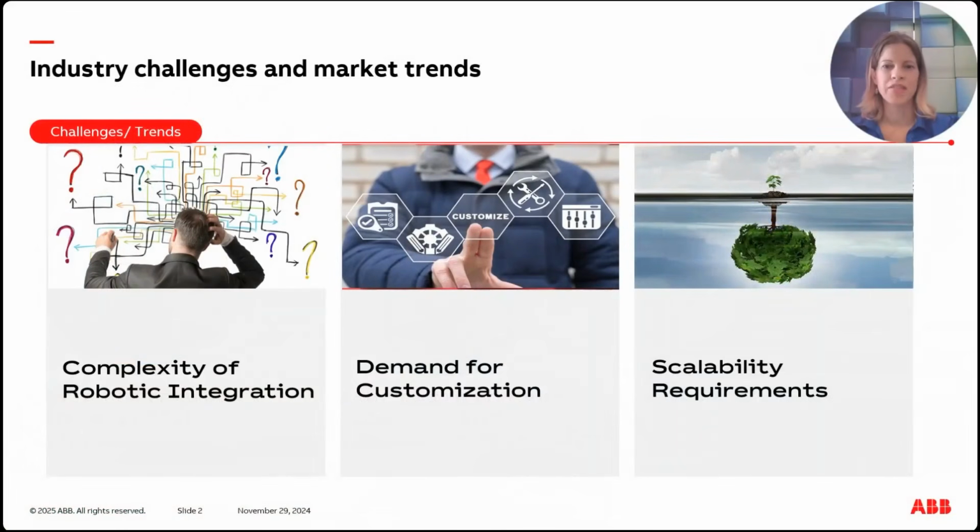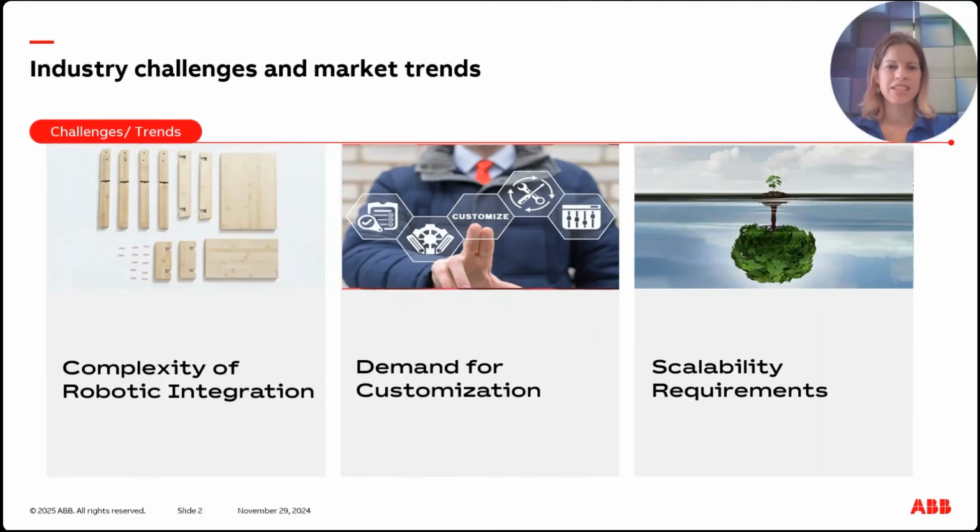Before Raul will dive into the details, I will give you a brief overview. Those are the top 3 important trends in our industry. Complexity of robotic integration. Imagine trying to assemble a piece of flat pack furniture without the instructions or an example, just a pile of parts and a vague sense of how it should look at the end.